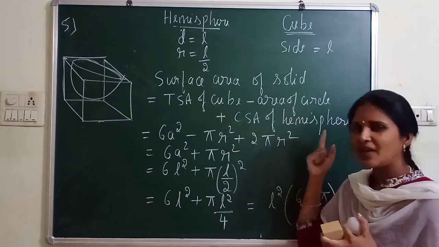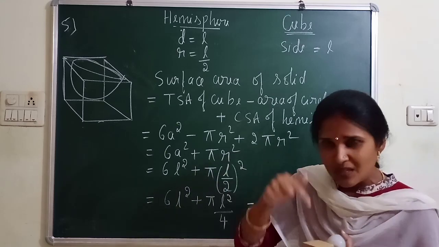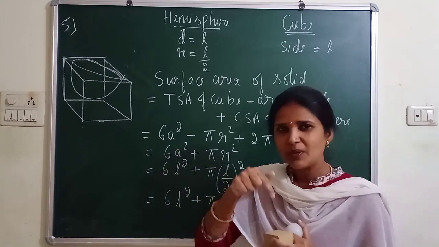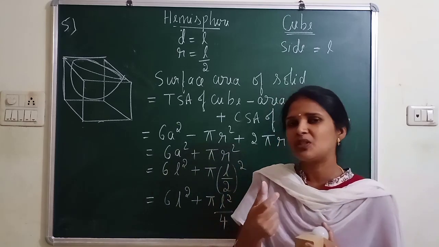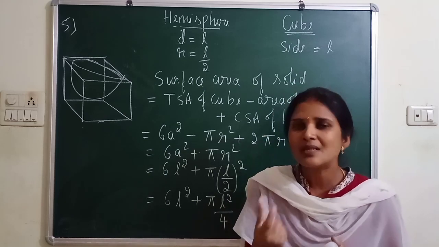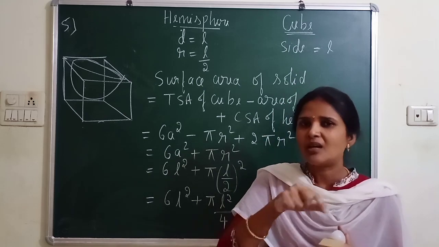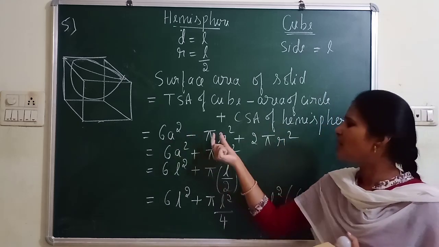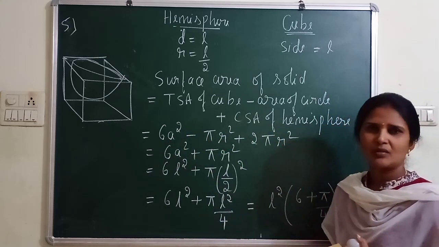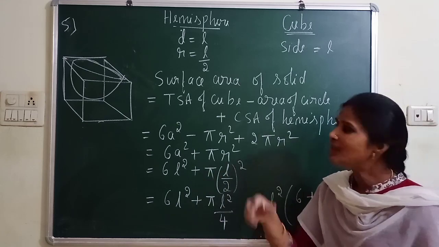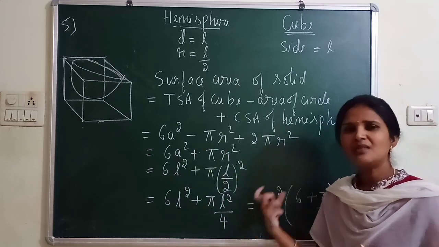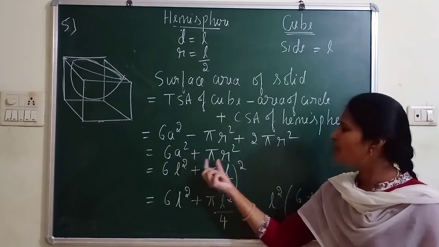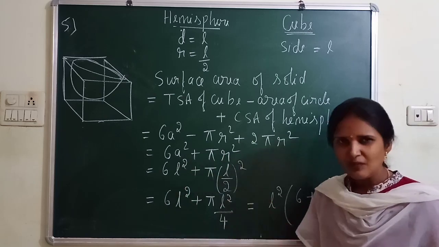Plus CSA of hemisphere. When you look at the hemispherical depression, what part of the hemisphere can you see? Only the CSA part, because the top circle is removed. So CSA of hemisphere. So 6a square minus pi r square plus 2 pi r square. I told you the formula remains the same as the last question. So 6a square plus pi r square, but here the value is not given.